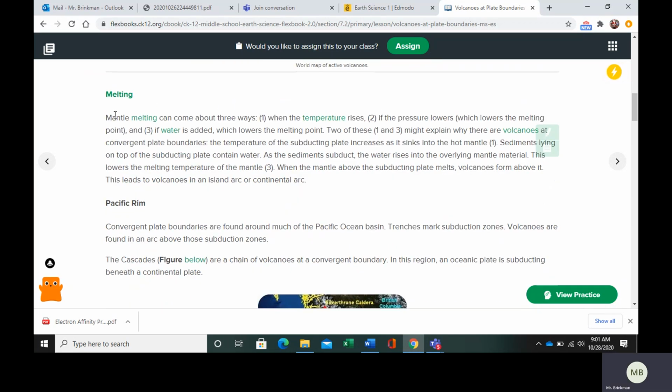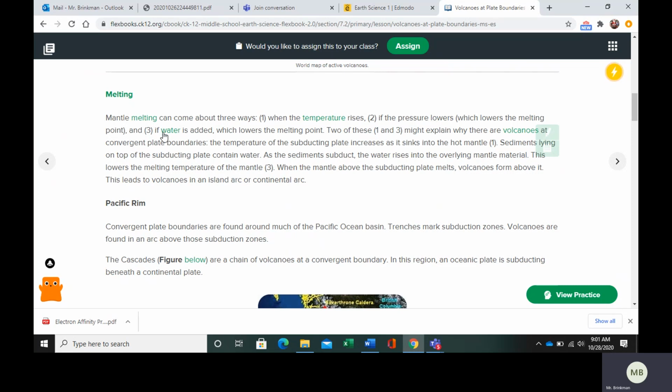So melting, mantle melting, which is one way that volcanoes form. So mantle melting can happen in three ways. It can happen if temperature rises. It can happen if pressure lowers, which lowers the melting point of the mantle material.